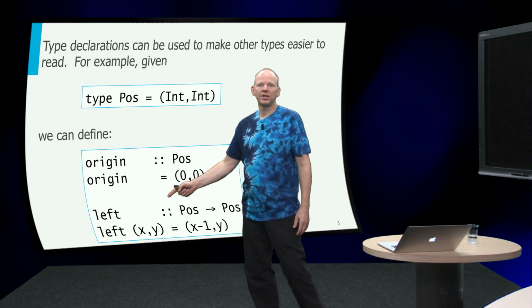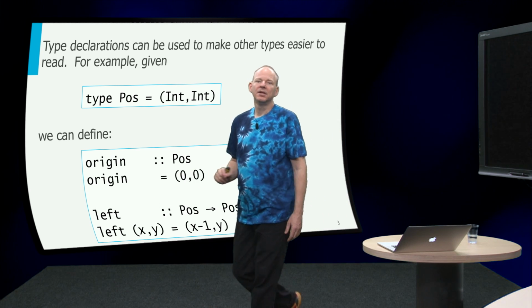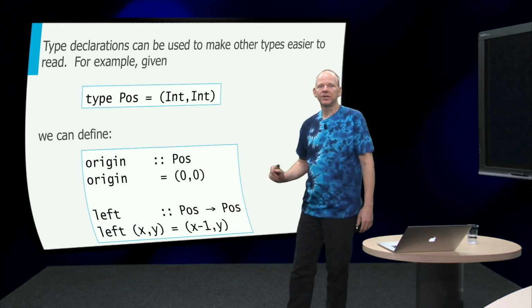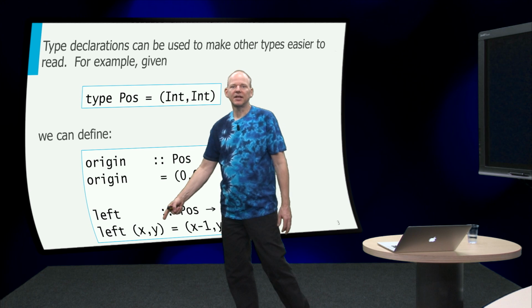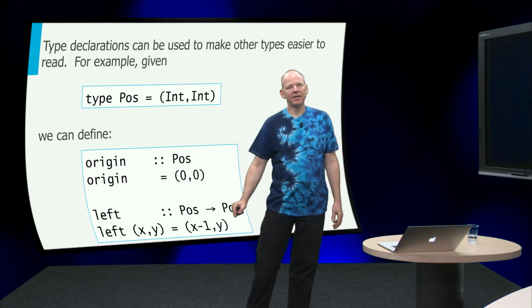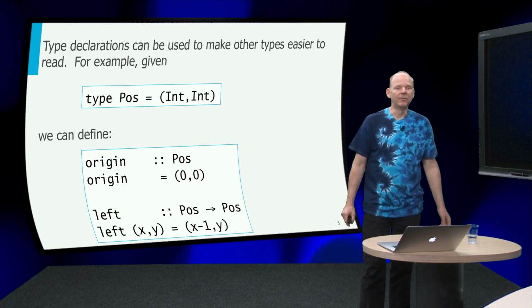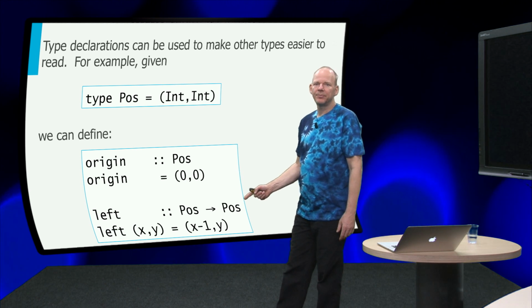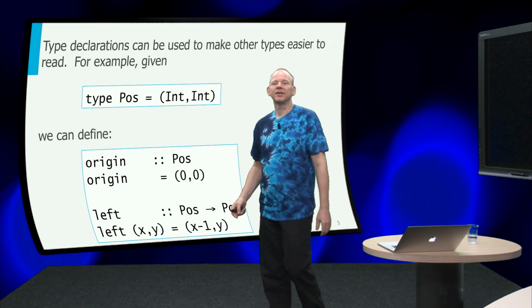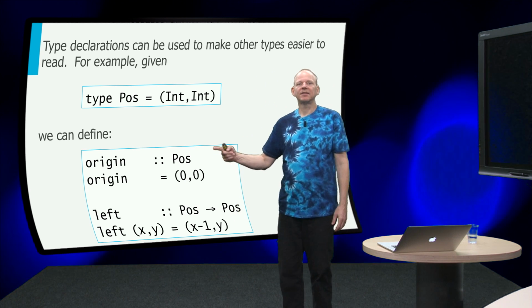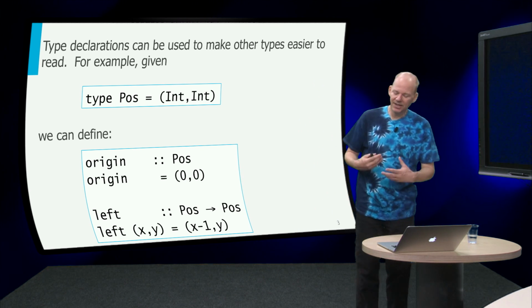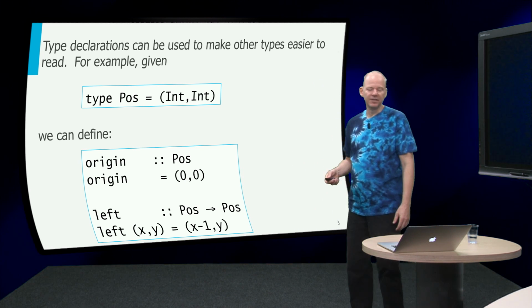Then we want to move a position to the left. This is a function that takes a position and returns a new position. It takes a pair (x, y) and subtracts 1 from x. All right? Now, by looking at this type, you get a better idea of what it's doing. And the fact that we're using pairs to represent positions is really just an implementation detail.